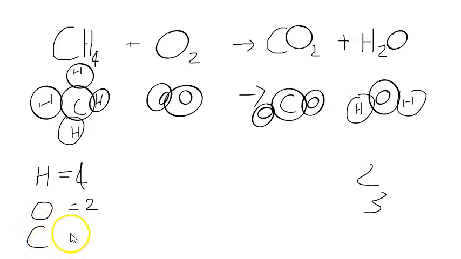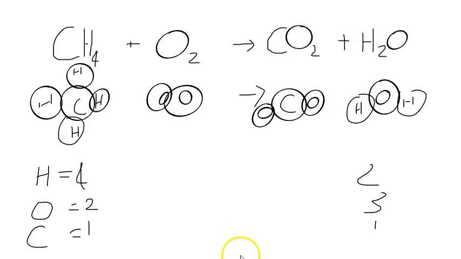And carbon, we're all good. We've got 1 carbon there and 1 carbon there, so that's fine. 1 and 1. So what do we need to do to make the atoms on this side equal to the atoms on this side? Because if this reaction took place, we'd kind of be gaining an oxygen and losing a hydrogen, and that's not what happens in reality, because we need to have the same number of atoms on the left-hand side as we do on the right-hand side.